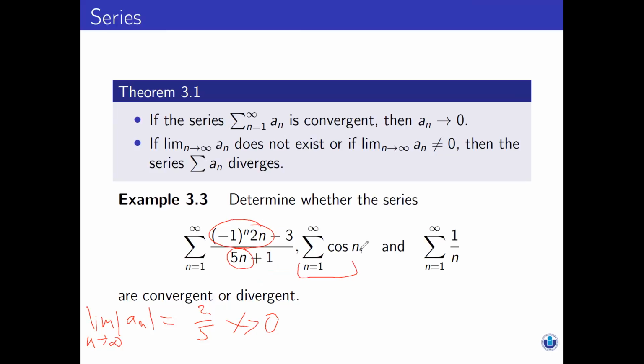For the second series, you can kind of see that very often the cosine takes some value that is not close to 0.